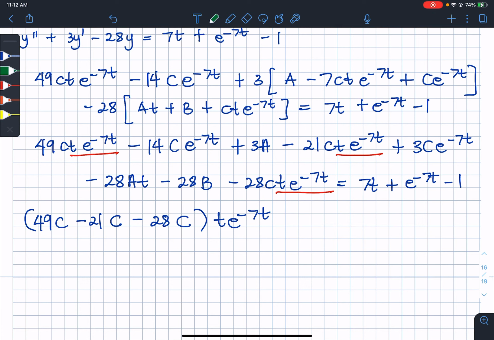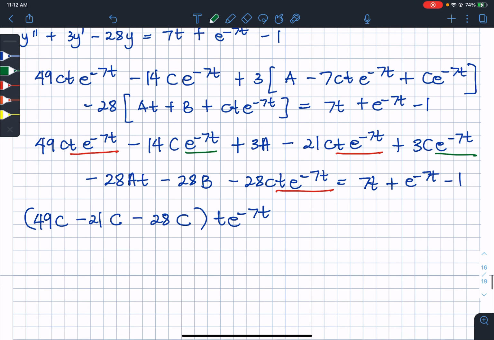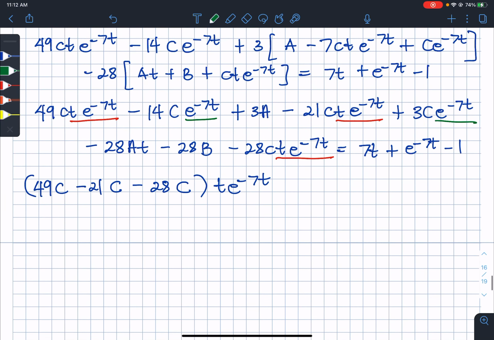So the next one is e negative 7t. That would be plus negative 14c plus 3c, times e negative 7t.